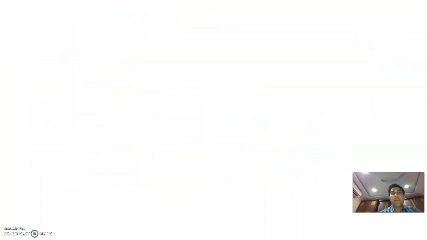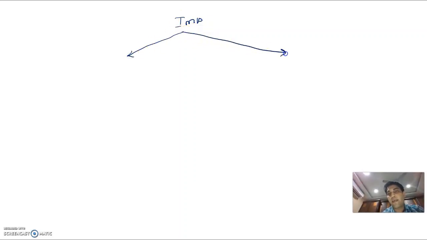Going further, IMP or inosine monophosphate that has formed can either form adenylosuccinate, or it can form xanthine monophosphate.